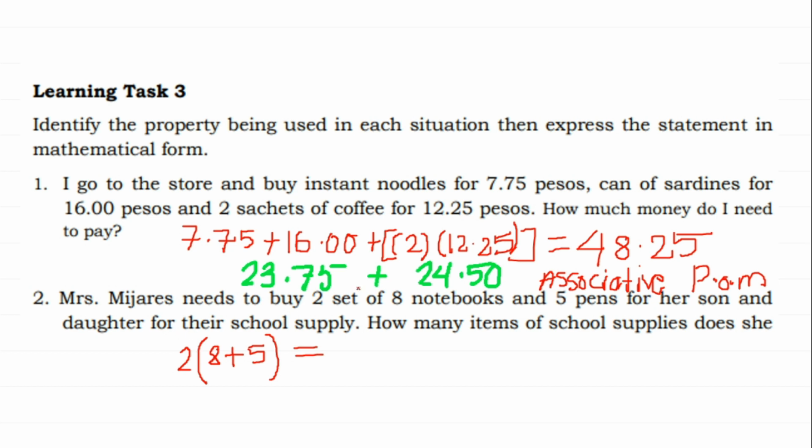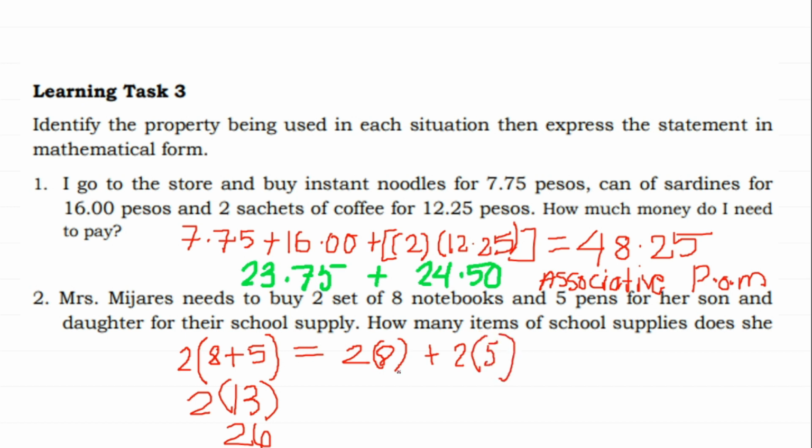Diba? Yun yung kanyang property. So, we have here 13 times 2. Okay? And that will give us 26. Therefore, she needs to buy 26 school supply. Okay? Or pwede din naman na 2 times 8, 2 set of 8 notebooks add sa 2 sets din ng 5 na pens.